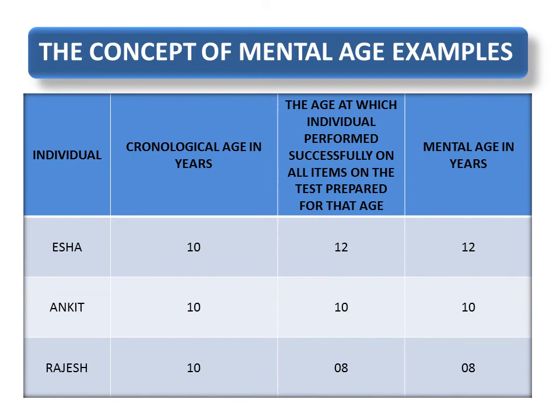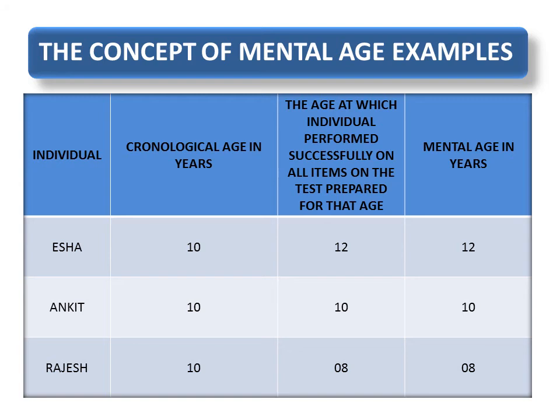For example, an individual named Isha, whose chronological age is 10 years, performed successfully on all items of the test prepared for 12 years. Then we consider Isha's mental age to be 12 years. And if an individual named Ankit, whose chronological age is 10 years, performed successfully on all items of the test prepared for 10 years, then Ankit's mental age is 10 years.